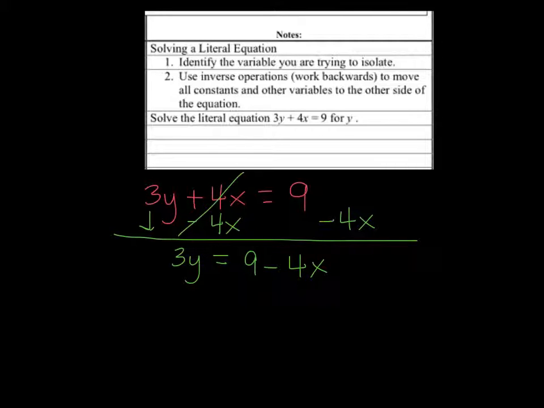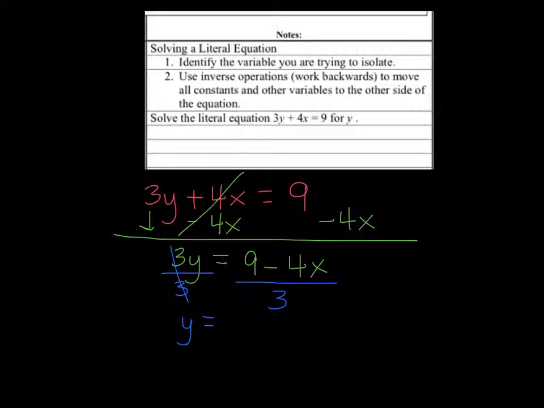Okay? All right. Now from here, I notice that y is being multiplied by 3. So in order to undo that, I am going to divide by 3. My 3's will divide out to make 1y, and whatever I do on the left, I have to do on the right. Now here is the part that's a little bit different.